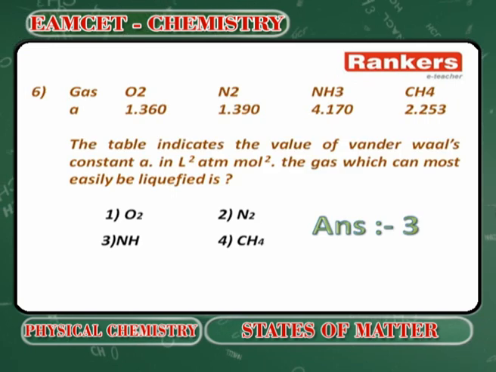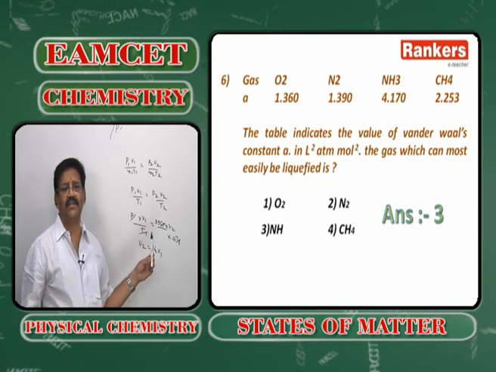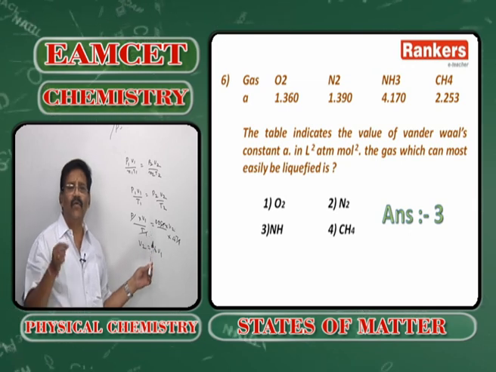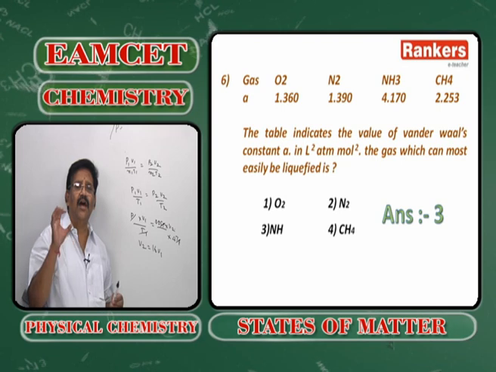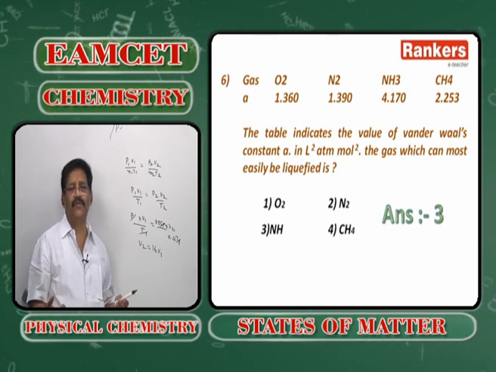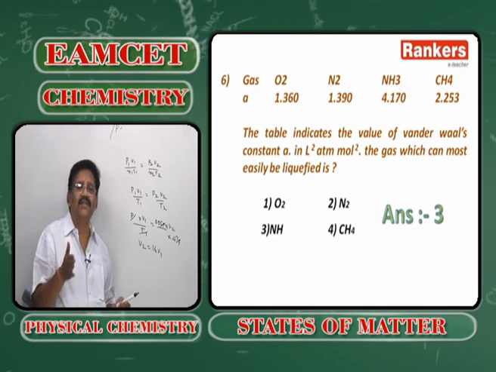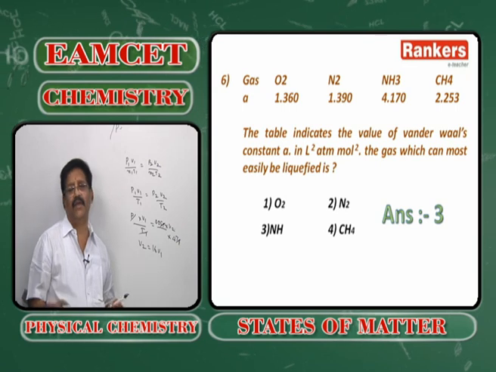Next question. Here a set of A values is given. In our previous discussion, what is the significance of A? A always signifies the stronger intermolecular force of attraction. Higher the intermolecular force of attraction, higher will be the A value.